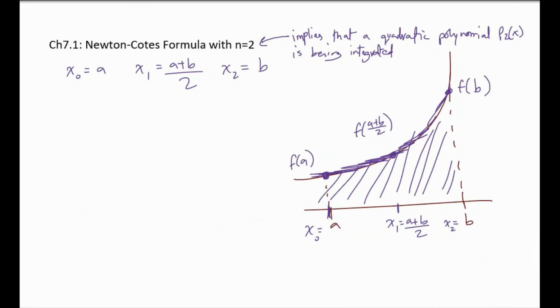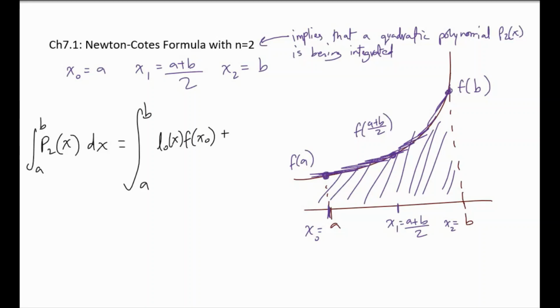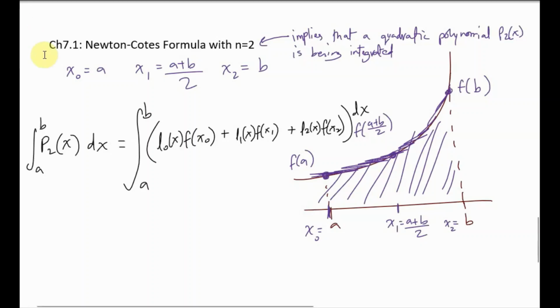So essentially, we're trying to find the integral of P2 of x over a, b, which is the integral of L naught of x times f of x naught plus L1 of x times f of x1 plus L2 of x times f of x2 dx.